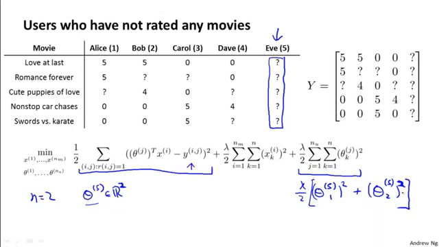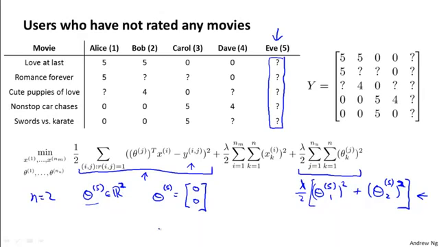Of course, if your goal is to minimize this term, then you're going to end up with theta 5 equals 0, 0, because the regularization term encourages us to set parameters close to 0, and there is no data to pull the parameters away from 0, because the first term doesn't affect theta 5. We just end up with theta 5 equal to the vector of zeros.